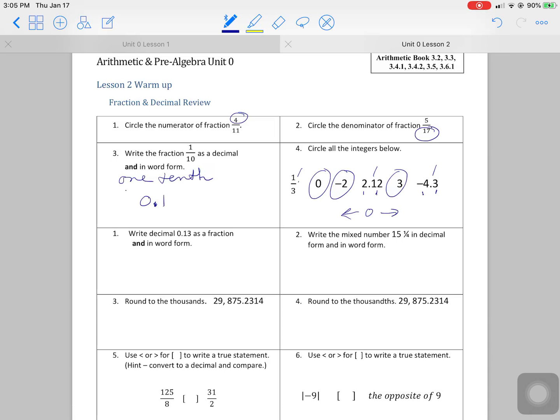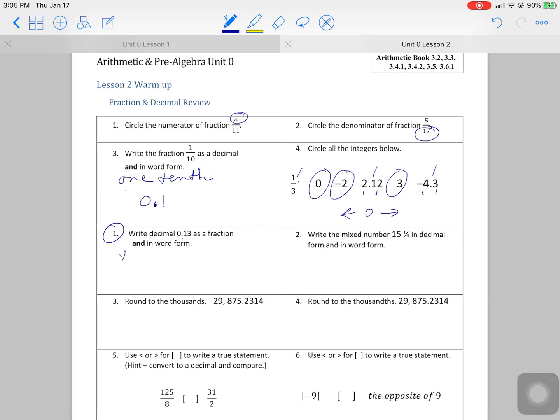All right, I don't think the numbering came out very well. It kind of started numbering all over again. So this one here that says number 1 is write the decimal 0.13 as a fraction. Let's see, it ends up in the hundredths.